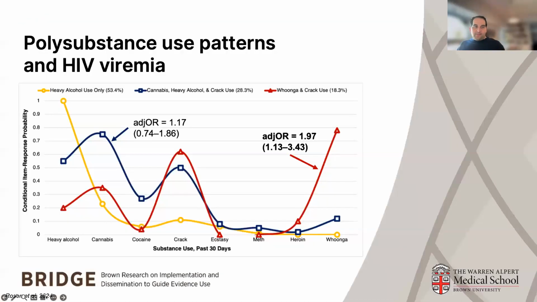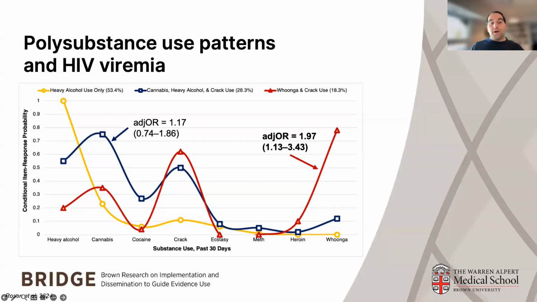And so quickly, we did some other formative work to really identify patterns of substance use in a population of female sex workers predating this specific study. And what we saw is that oftentimes it's really the co-occurring use of opioids and stimulants that is associated with the more adverse HIV treatment outcomes in this population.